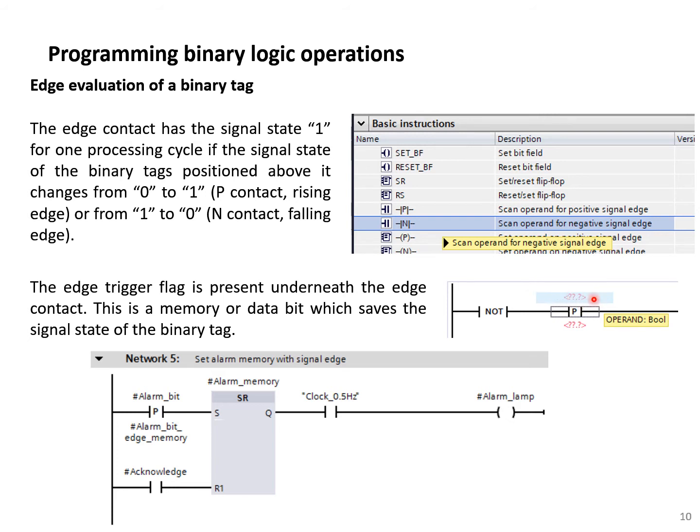So let's say here we have a tag. Here we have another example. We have a tag at the top, and if this tag, for example alarm bit, changes from 1 to 0 or 0 to 1, it's for one cycle of scanning only, not permanently.